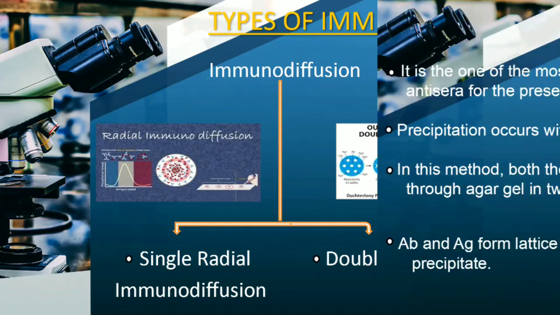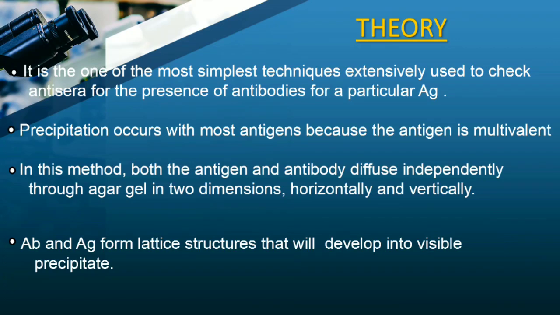Theory. Double immunodiffusion is the simplest and most extensively used technique to check antisera for the presence of antibodies for a particular antigen. Precipitate occurs with most antigens because the antigen is multivalent. It means there are many interpretations of values.